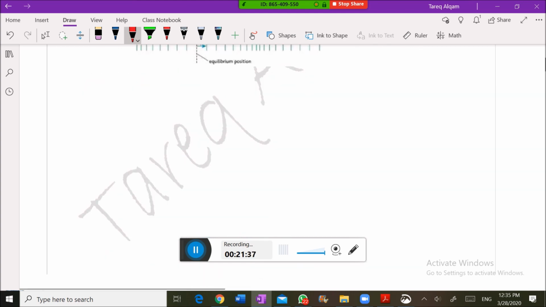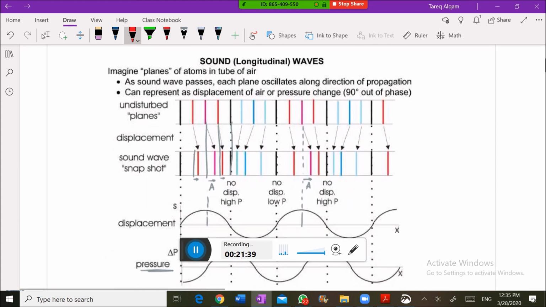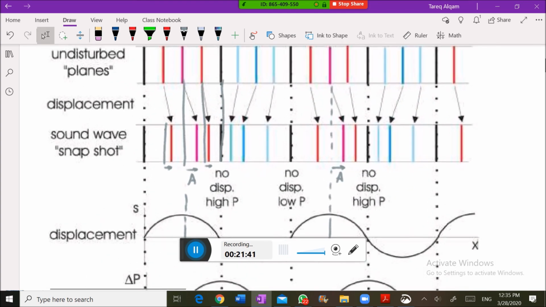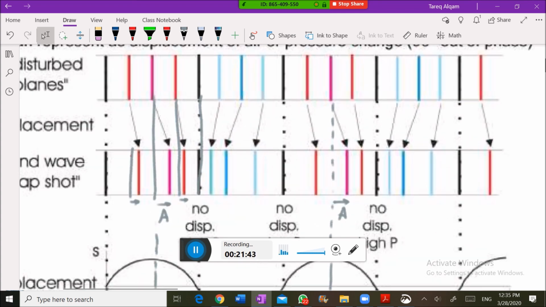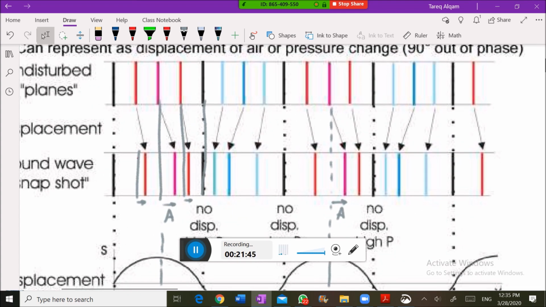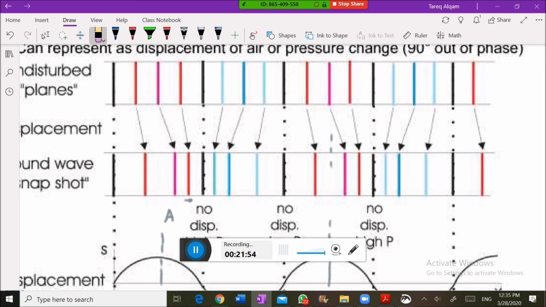The main problem actually, guys, is how to determine the amplitude in longitudinal waves, not in progressive waves. Okay. Pay attention now here. Just a moment, guys.